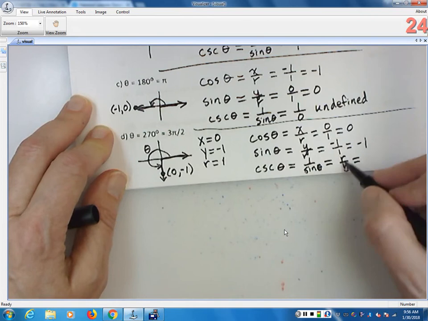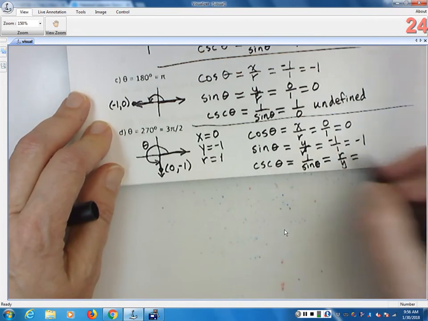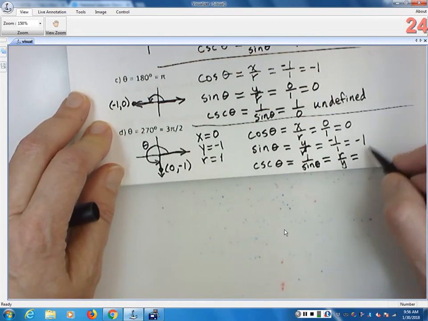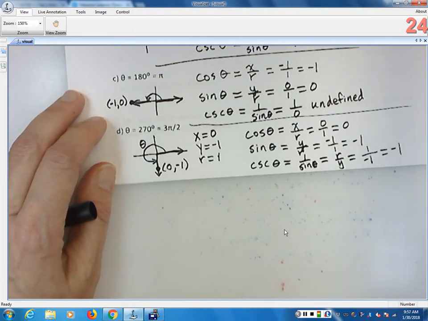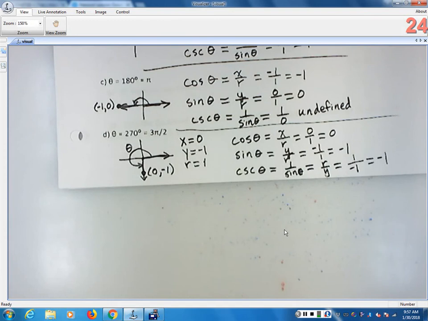You can do r over y if you want and not do the second one. It's just 1 over -1. So using our point P, you can try choosing P with 2 units when you work, and you're going to get the same numbers. Any questions? Okay.